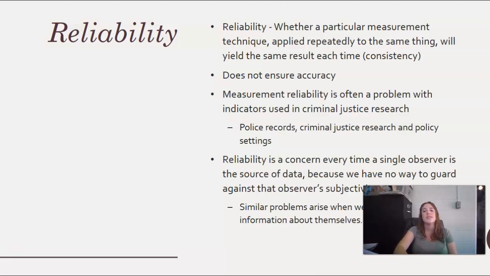This is oftentimes a problem with indicators that we use in criminal justice research, because sometimes things aren't reported the same way every time. Let's use police records as an example.